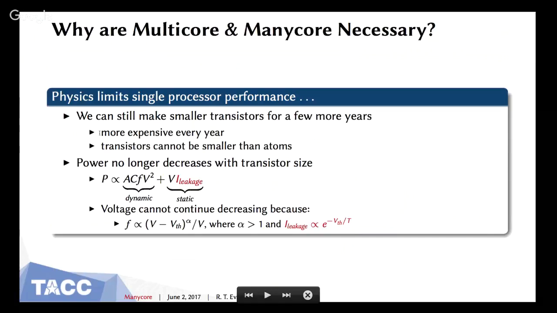And so what this has resulted in is a doubling of performance about every year and a half. Okay, so you're like, well, that's great. Why is it changing? Why do I have to change my code? In the past, say, 15 years, I just get a new computer and everything runs faster. And that's not happening anymore. Well, what was happening is, as these features got smaller, they could go to lower voltages and take the same power and increase the frequency.